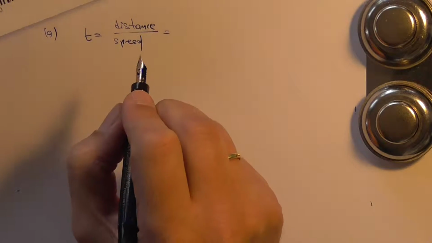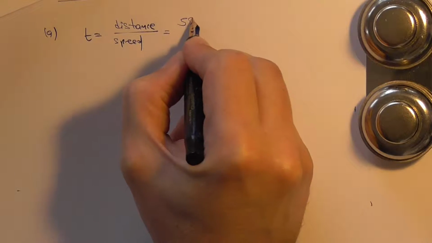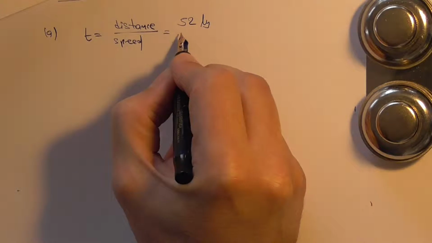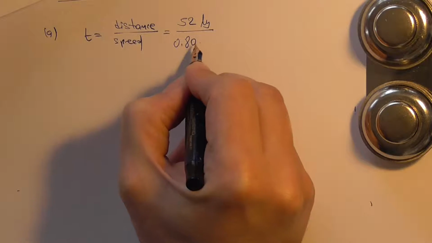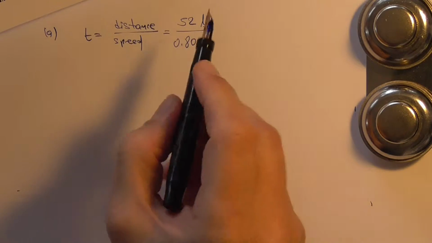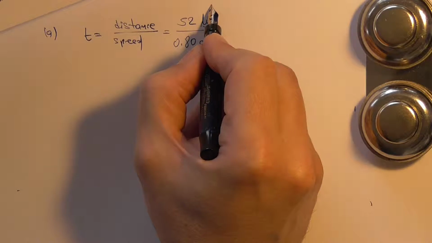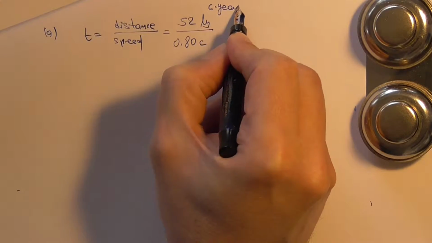So according to the Earth observer, this distance is 52 light years, and the speed is 0.80 c. Now light year is basically the speed of light times a year.